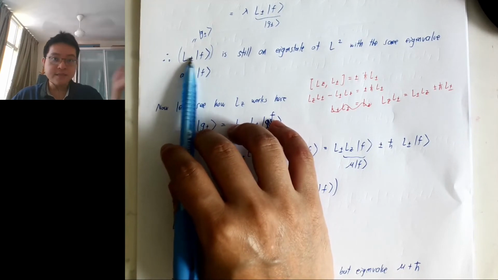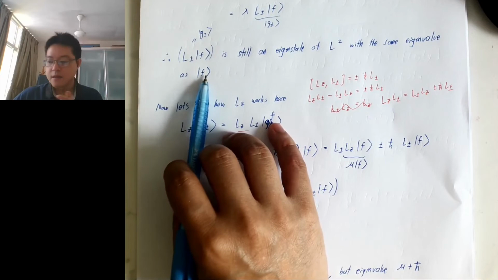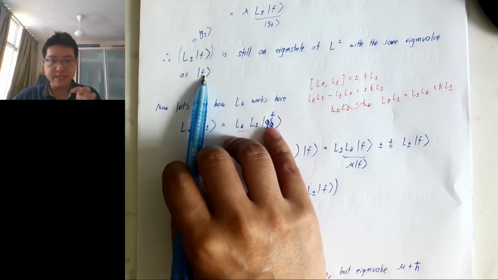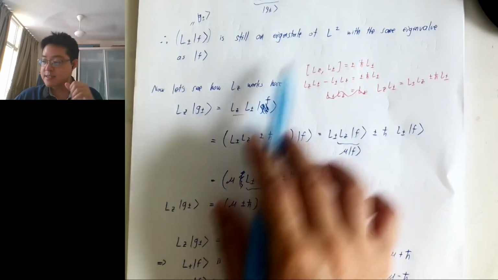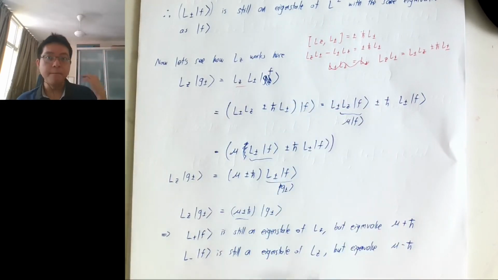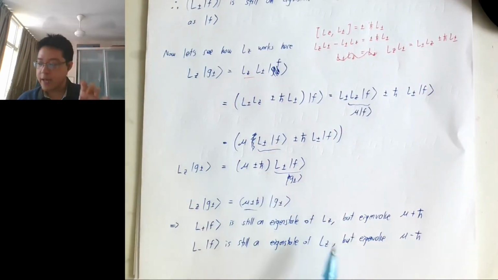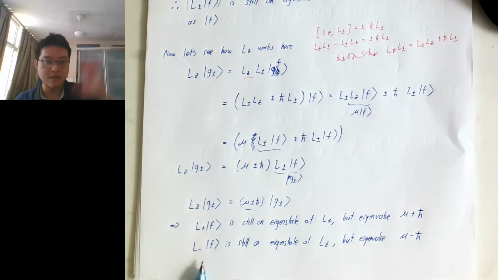If I start with the original eigenstate, whatever this is, we don't even know this yet, but if we assume it's an eigenstate, then if I operate L plus minus on it, these are still eigenstates of L squared and still eigenstates of Lz. But for L squared you get the same eigenvalue, while for Lz the eigenvalue increases or decreases depending on whether you do this or this.